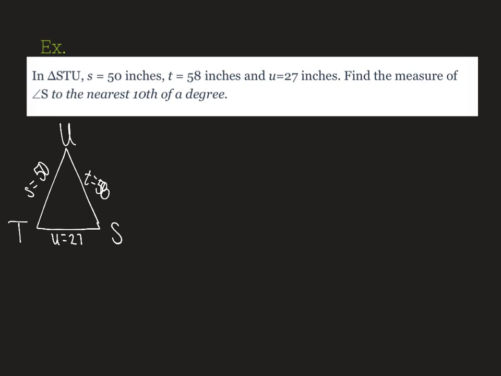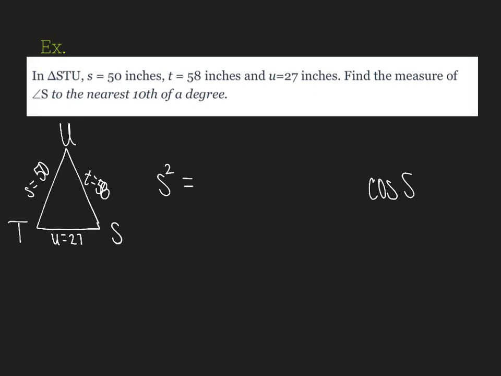So as I'm getting this set up, this is my right-hand side, I'm going to have cosine of S as the end of my little formula here. Now, because S is what's in the cosine, I know that S squared will be on the left-hand side all by itself. Okay, so that's the first steps for getting this set up. Whatever angle you have in the cosine is the side that's by itself.